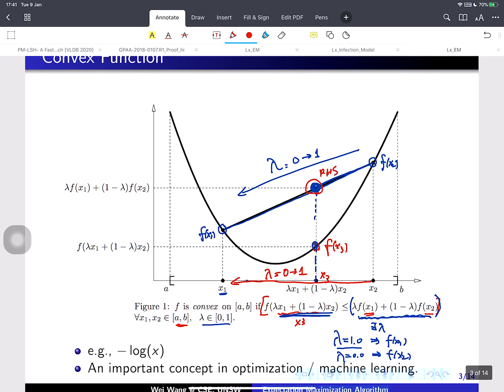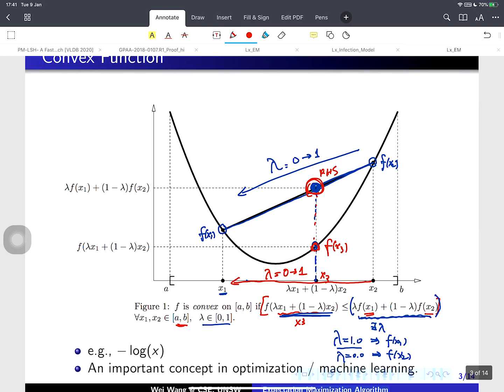All this explanation is trying to convince you that a convex function essentially says that if you draw a linear line between any two points, any point on this line is larger than the corresponding point on the function.